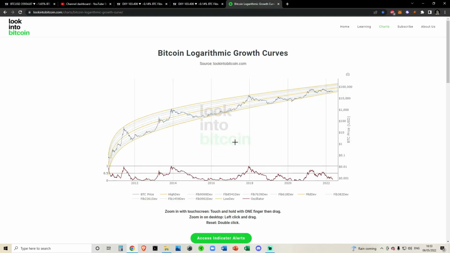So historically, you come up to the higher deviation bands, and that is normally when you have a top. And also historically, when you come down to these lower deviation bands, that is when we normally bottom.